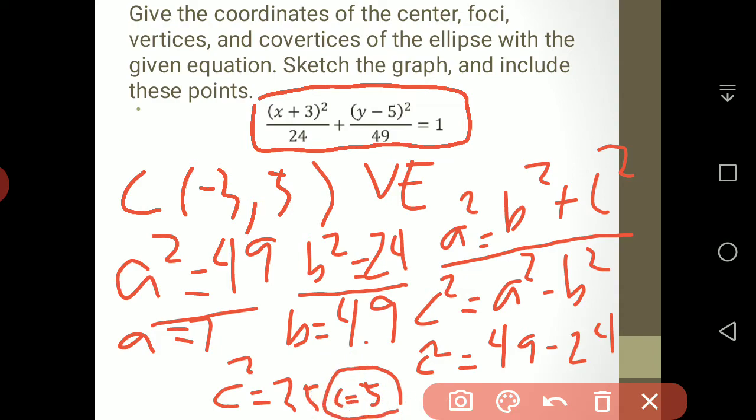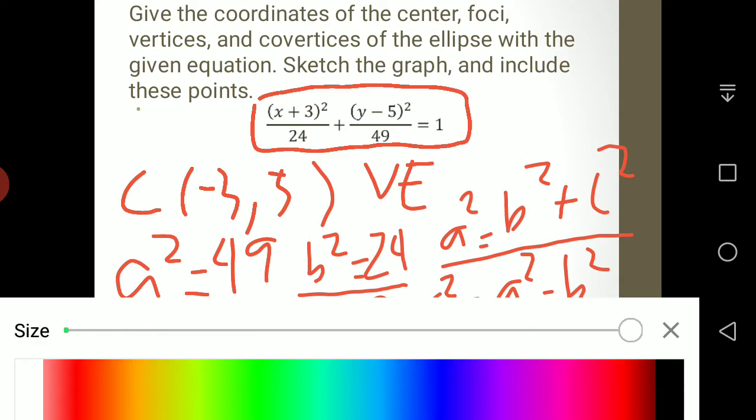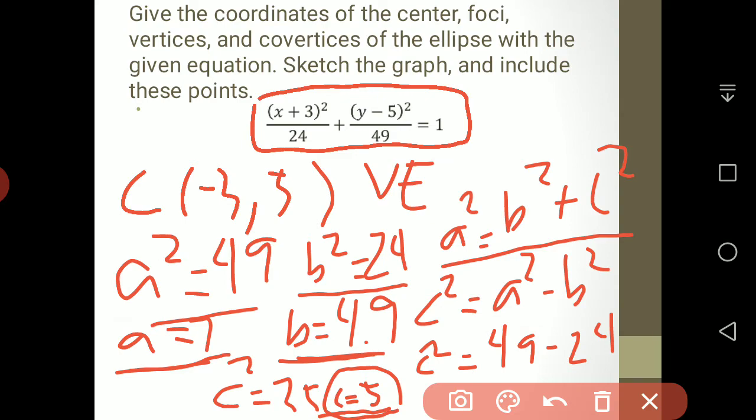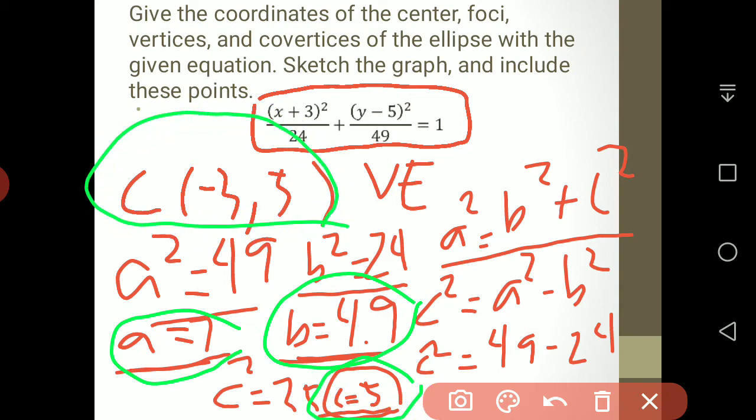So after extracting all of this information, we already know the values of a, b, and c. There is a, there is b, and there is c, as well as our center. We can now proceed in graphing our ellipse.